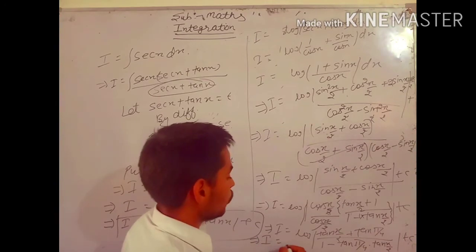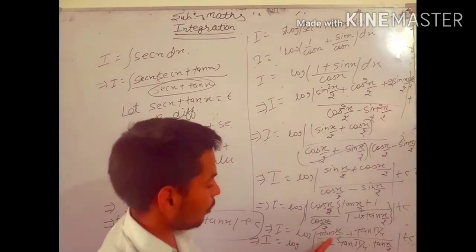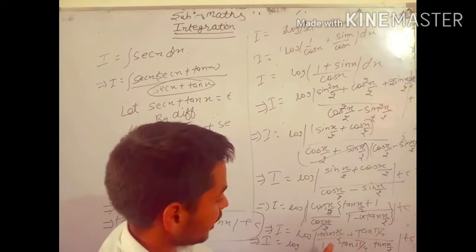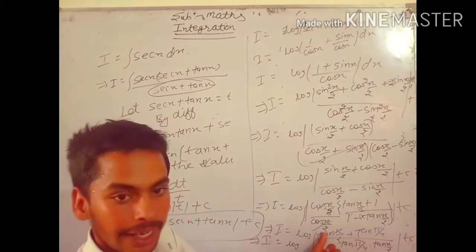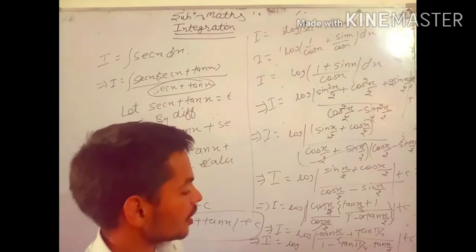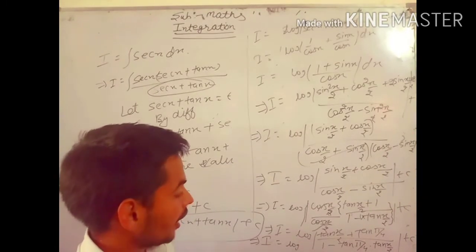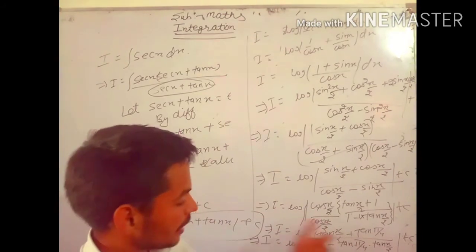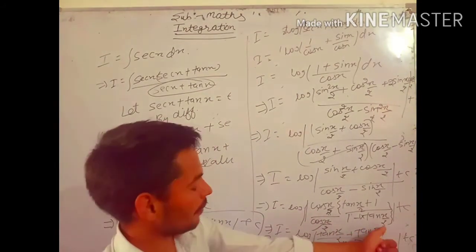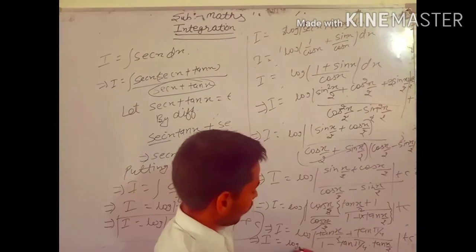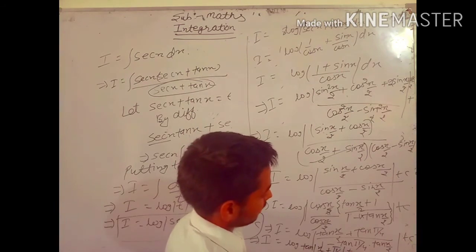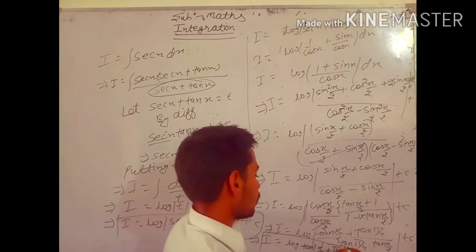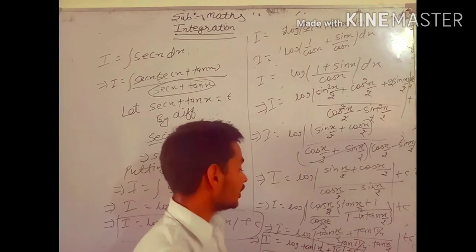This is the formula of tan of a plus b, which is tan a plus tan b upon 1 minus tan a tan b. Here a is equal to x by 2 and b is equal to pi by 4. So I is equal to log tan of x by 2 plus pi by 4 plus c.